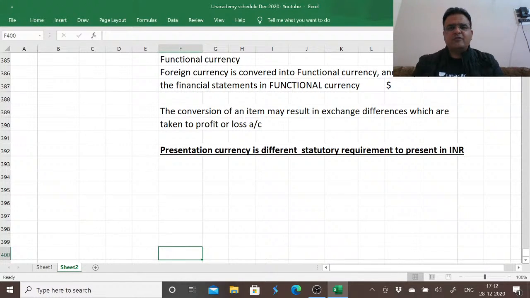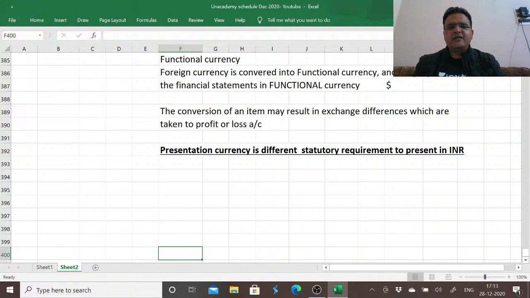Now if it runs into loss when we convert it, will we blame the management for it? The management prepared the financials in dollars, they were profitable, and now because of converting into presentation currency INR, if the entity runs into losses because of the exchange fluctuation, can we blame the management for this loss? And if it gains out of it, can we give credit to the management that thank God you exist and because of you we are profitable today?